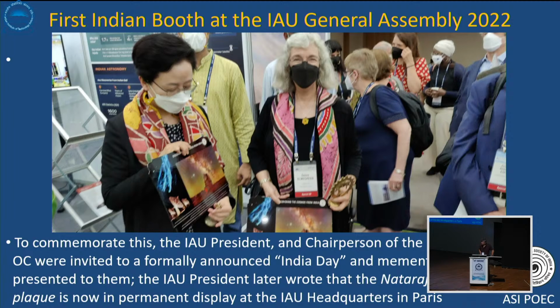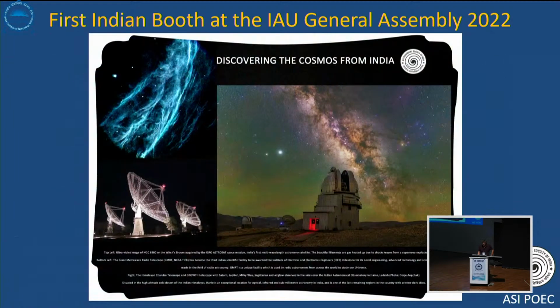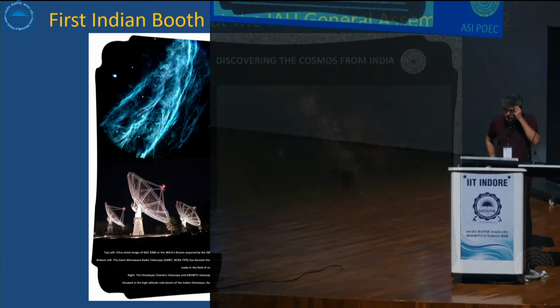Later, Debra Elmegreen wrote to me saying how deeply she appreciated the Indian presence, and that the statue of the Nataraja as well as the plaque are going to become permanent exhibits at the headquarters of the IAU in Paris. This is the plaque which was presented to the IAU. It has, of course, this beautiful picture from Dorje Angchuk from Hanle.